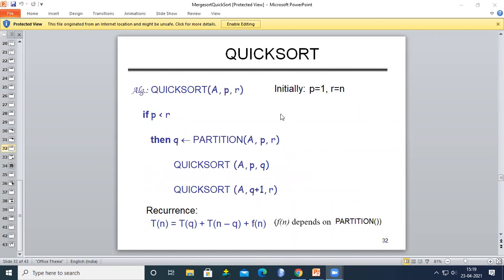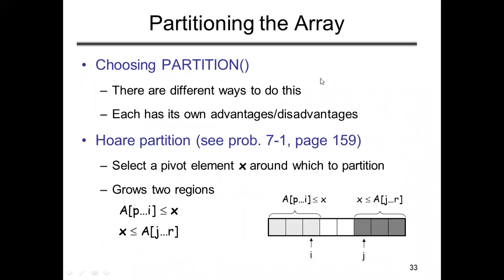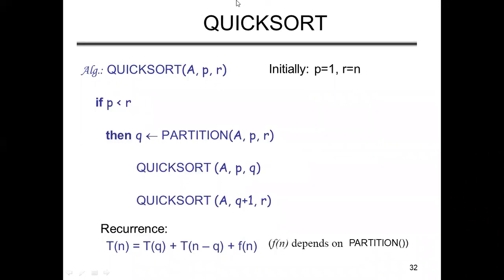Now see the quicksort algorithm. In the quicksort algorithm, we have three arguments: A, P, and R. What is A?